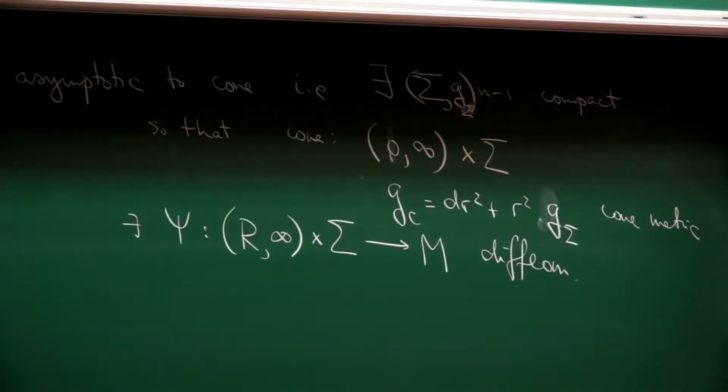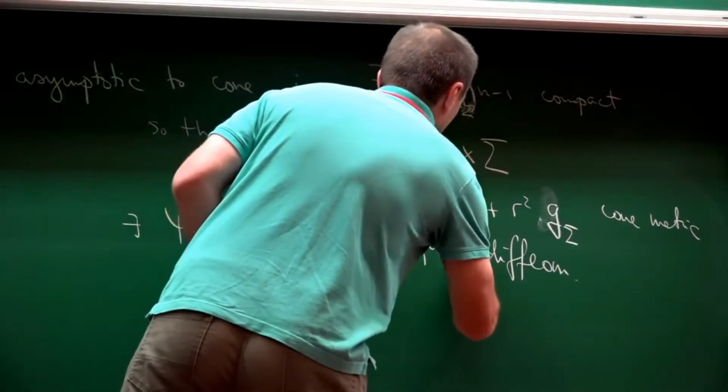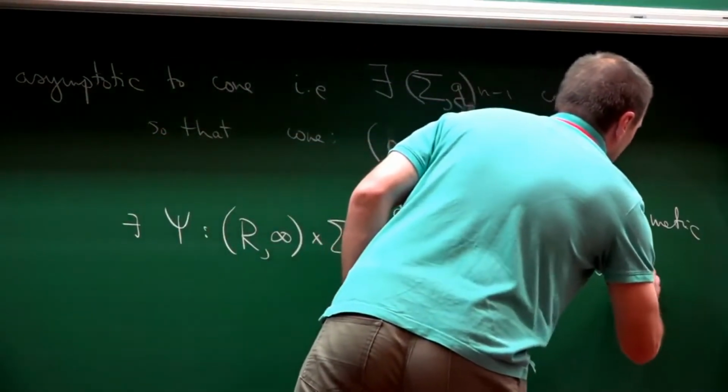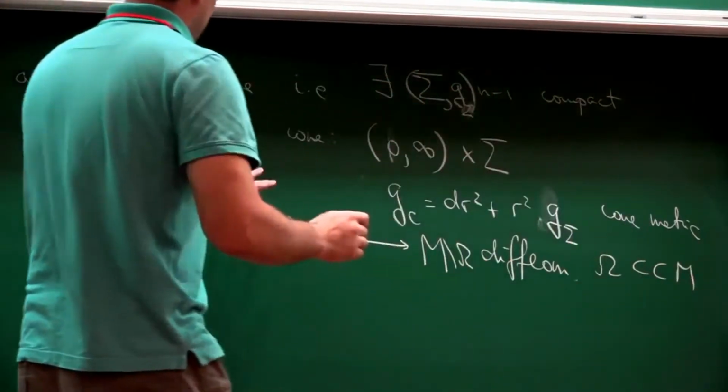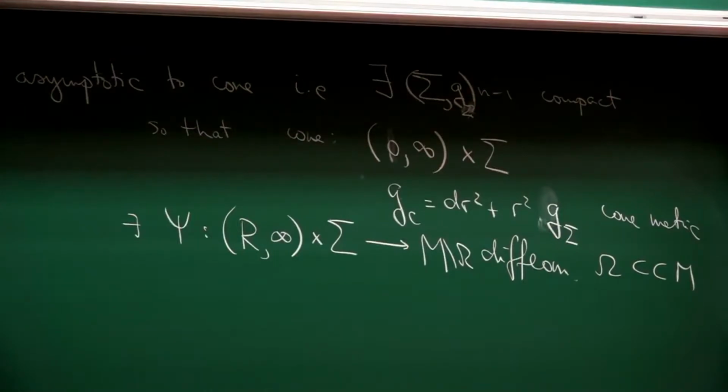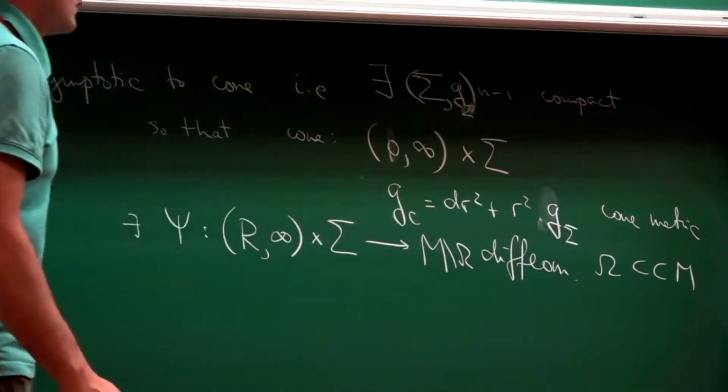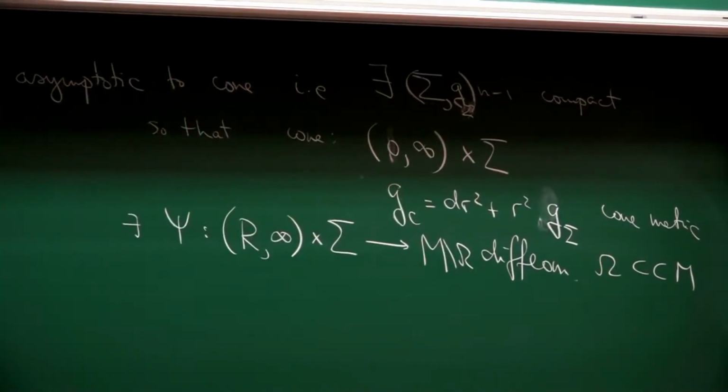So there is such a diffeomorphism into M, not the whole M, but M minus a compact set. So some part near infinity of the cone is diffeomorphic to M minus a compact set.